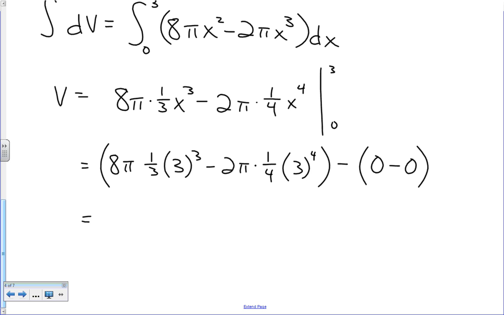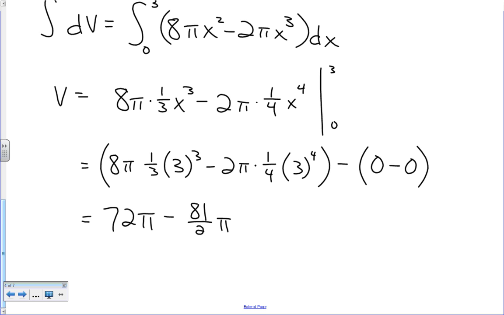So I have 1/3 times 3 cubed there. 27 is 3 cubed, divided by 3, or 1/3 of that is 9. So 9 times 8 is 72 pi, minus 3 to the 4th power is 81. And then I've got 2 times 1/4, that's 1/2, so it's 81 over 2 times pi. And again, the 0 at the end drops out.